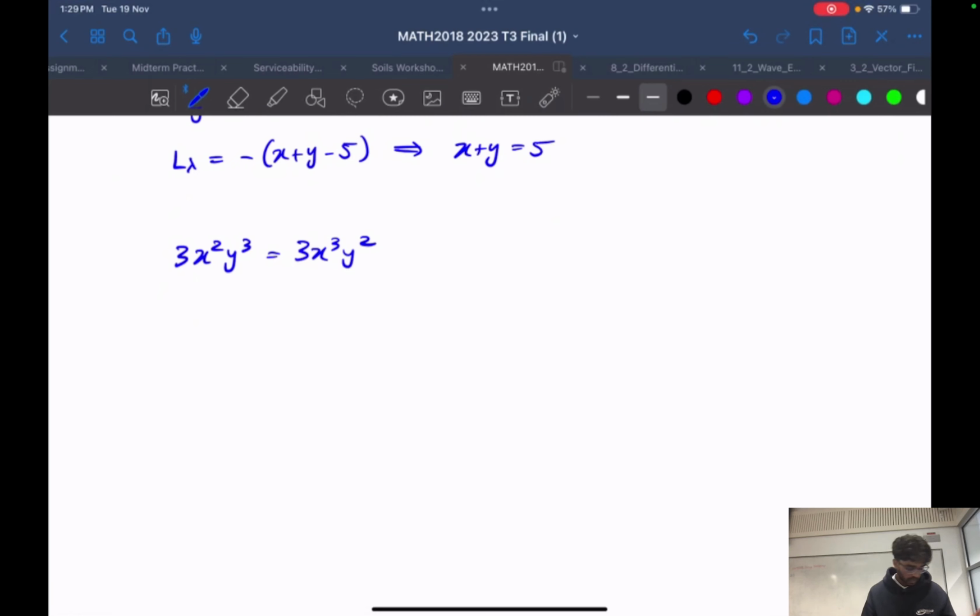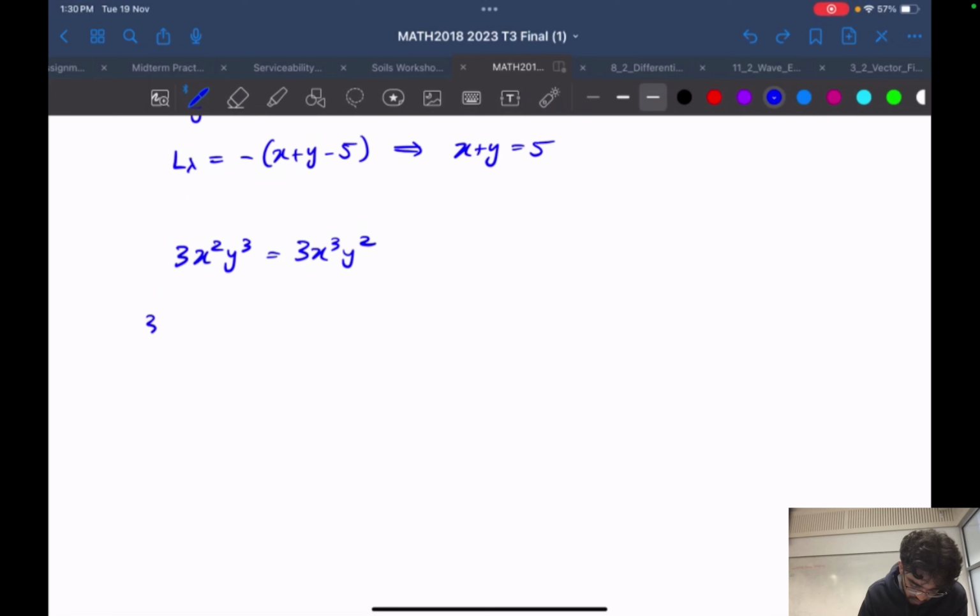However, there's something that you're going to have to take note of. You might miss a solution if you do that, and I'll show you what I mean. If I do that, you get y is equal to x, so you only get one solution. However, that's incorrect because we actually have multiple solutions.